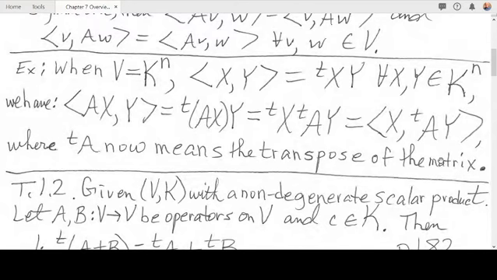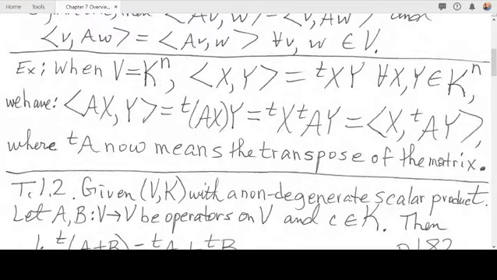So transpose x is a row vector, y is a column vector, and you're simply taking the normal dot product of the row x with the column y.